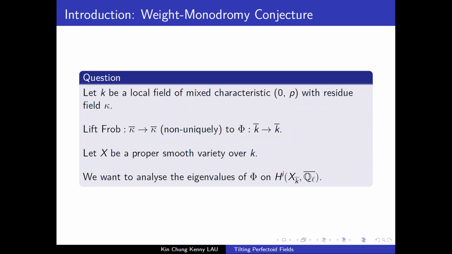Our residue field in this case will be the field with p elements, F_p, and it is finite. So we have the Frobenius map on its algebraic closure, which is raising to the power p, or some people want the inverse of that Frobenius map.